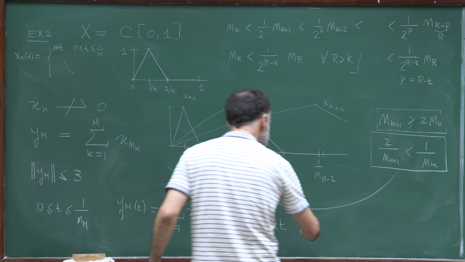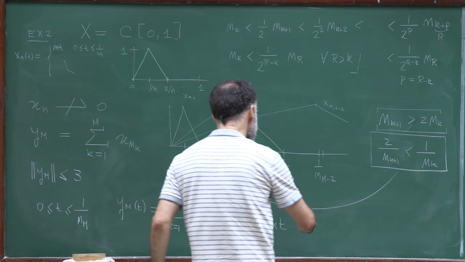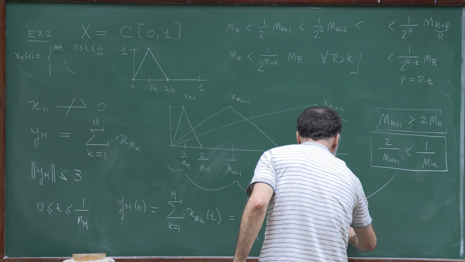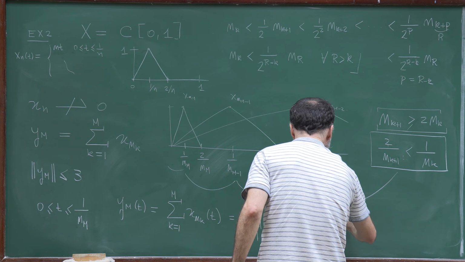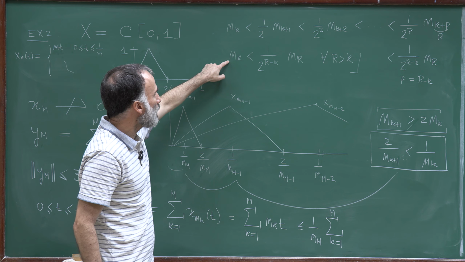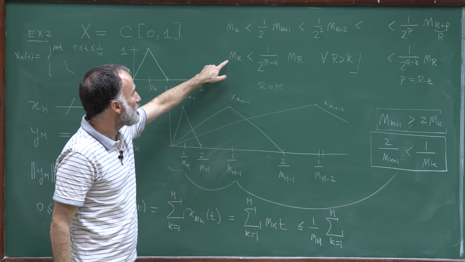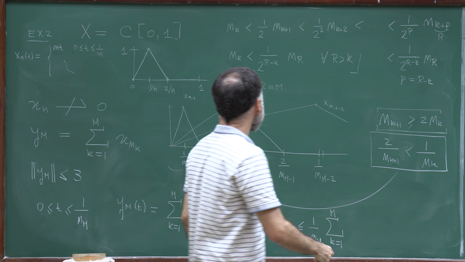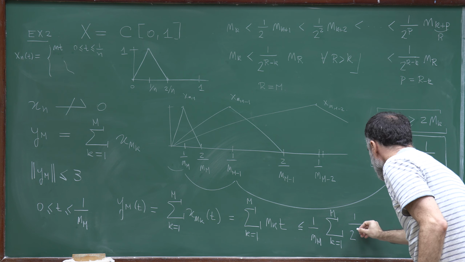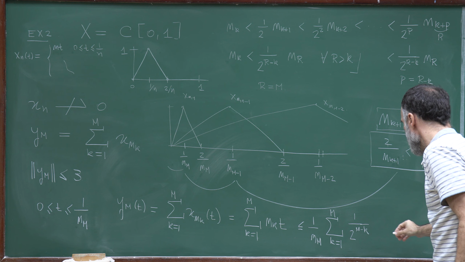So t is fixed, and t is bounded by 1 over n m. Now I have the sum of n k, and I will use this inequality with r equal to m. By using that inequality with r equal to m, what I get is that this is bounded by 2 to the power m minus k times n m.